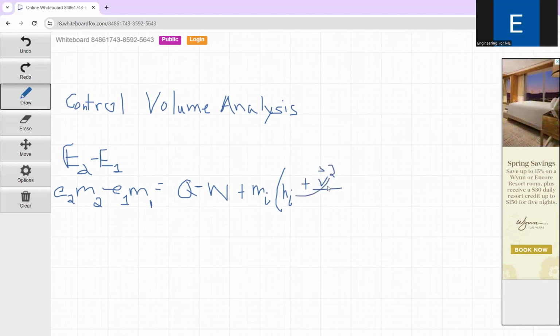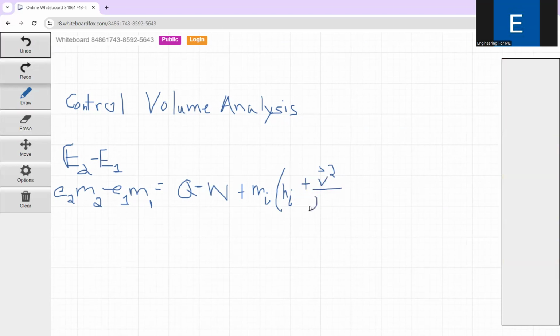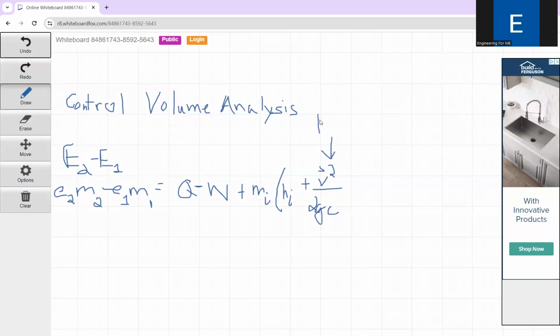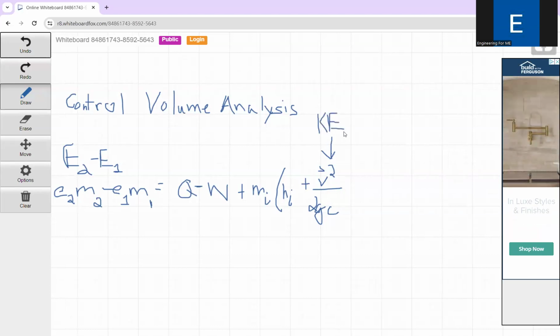This is velocity. Oops. This is velocity, and this is energy for the system.